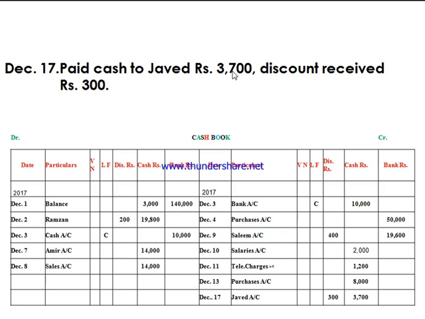Exactly similar to our last three transactions. So on the payment side, write down the date, then the party's name. In the discount column, write down the amount of discount. And in the cash column, we will write down the amount of cash, 3,700.